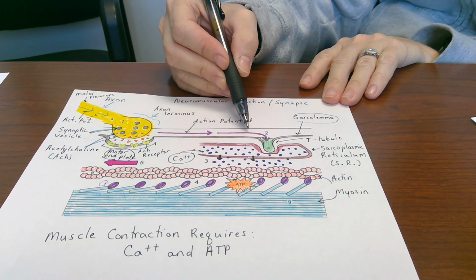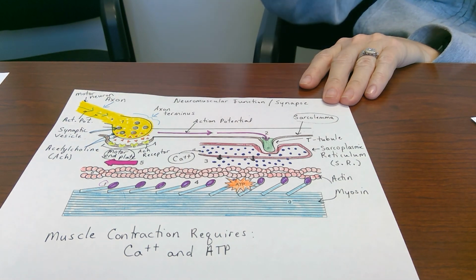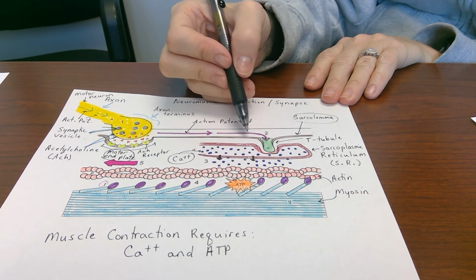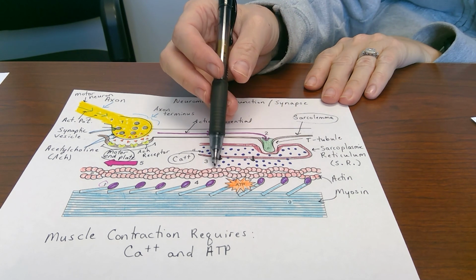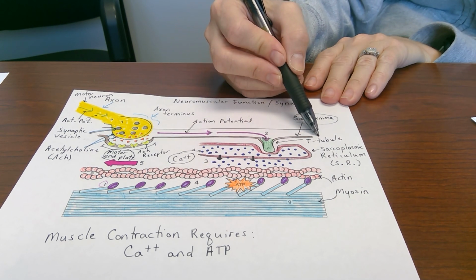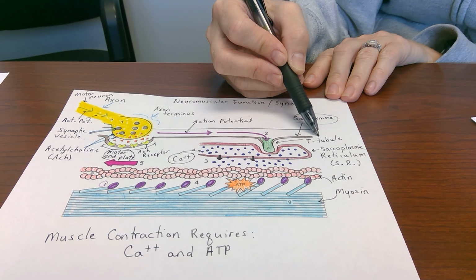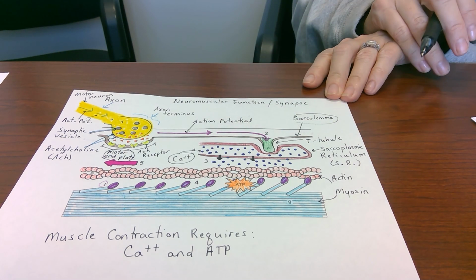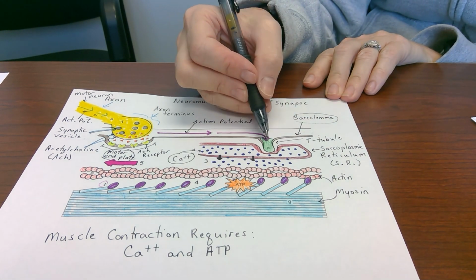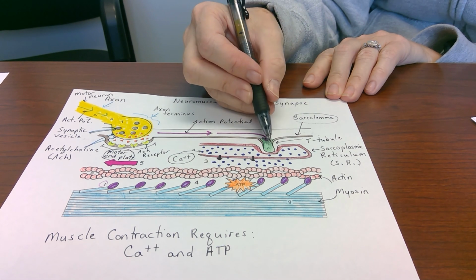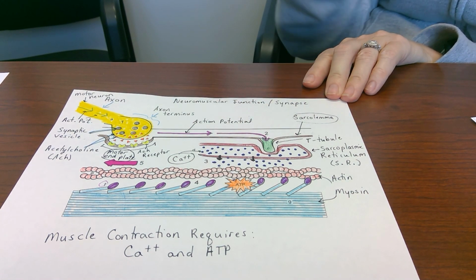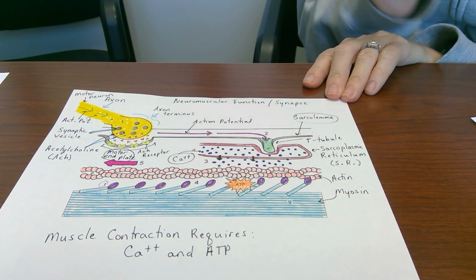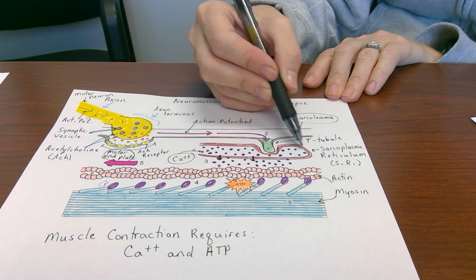the sarcolemma. There are extensions of the sarcolemma that extend down into the sarcoplasm called T-tubules, or transverse tubules, or for short, just T-tubule. The T-tubule will transport that action potential down into the interior of the muscle cell. They travel right alongside organelles called the sarcoplasmic reticulum.